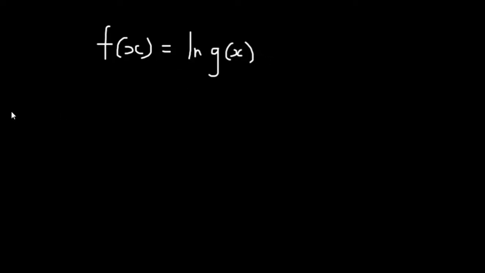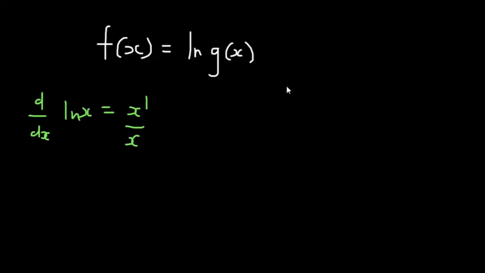If you want to find the derivative of the natural log of a function, say d over dx of natural log of x, this will be the first derivative of x, which is x prime over x. This is the general rule for this. Now what you are going to do is represent g of x with x.